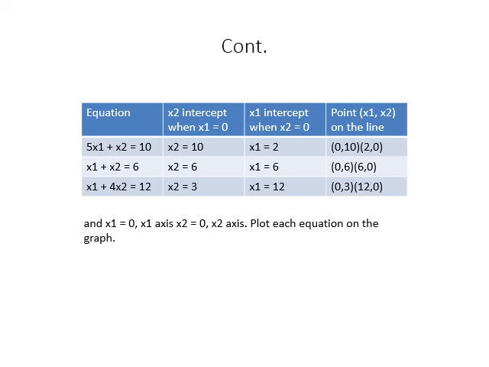The points of x1 and x2 are (0, 3) and (12, 0). And x1 equals 0 is the x2 axis, x2 equals 0 is the x1 axis. Plot each equation on the graph.